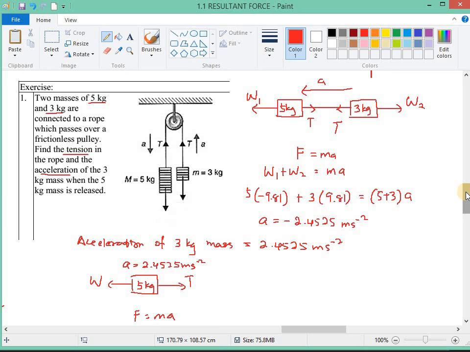Why is it positive? Because the tension acts in both directions. You see? The tension acts to the left on one object and on another object acts to the right at the same time. So tension can be in any direction, and we don't differentiate positive or negative. So at the final answer we put the tension as positive.